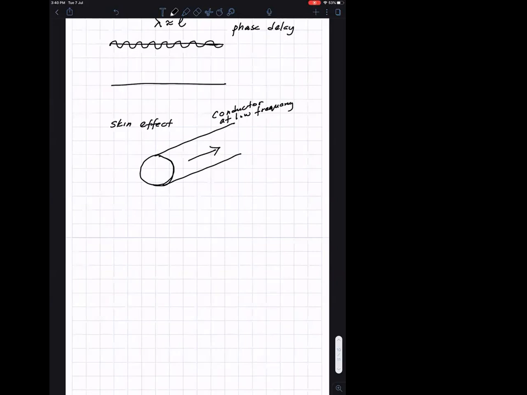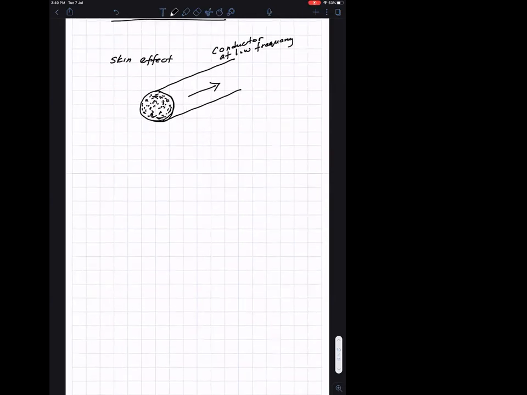Current is flow of charges, right? Usually the charges are very well distributed all across the cross section. It will cover the entire area, utilizing all the cross-sectional area very well.